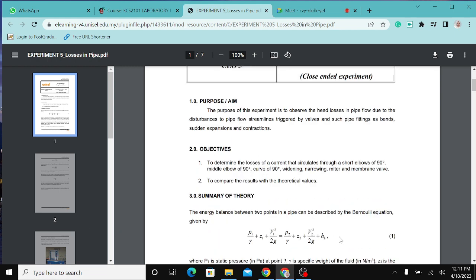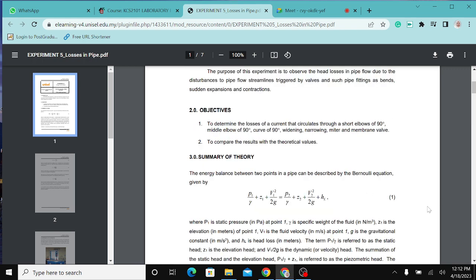Okay, so there are two sub-objectives: to determine the losses of a current that circulates through a short elbow of 90 degrees, middle elbow of 90 degrees, curve of 90 degrees, widening, narrowing, meter and membrane valve. Okay, and then last kali is to compare the result with the theoretical values.